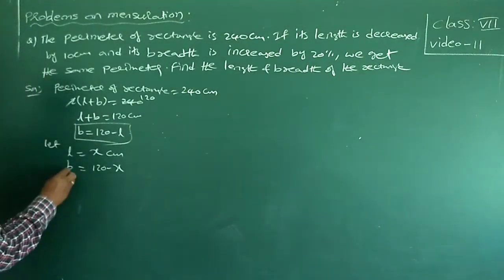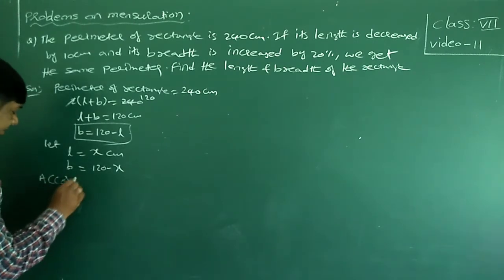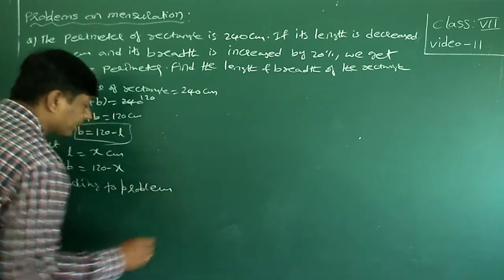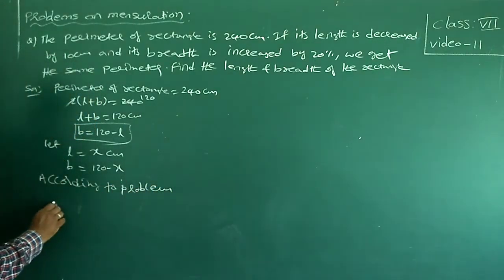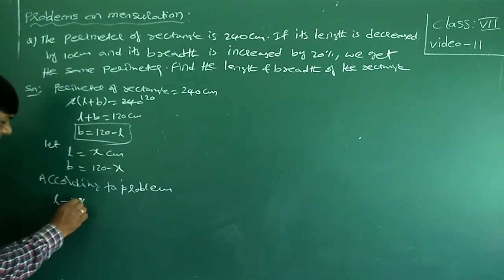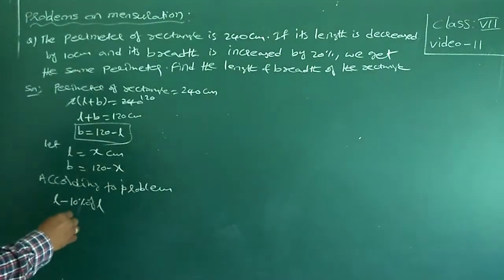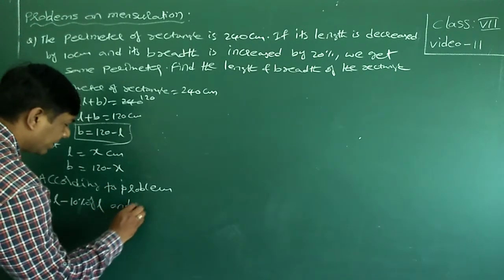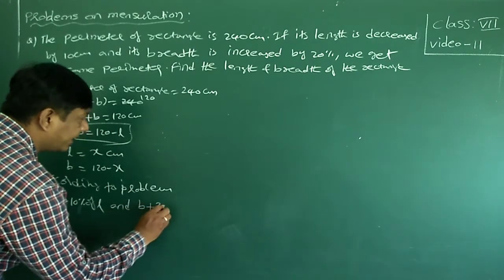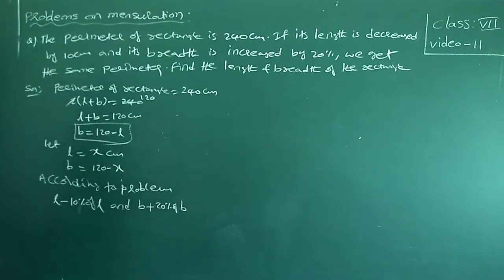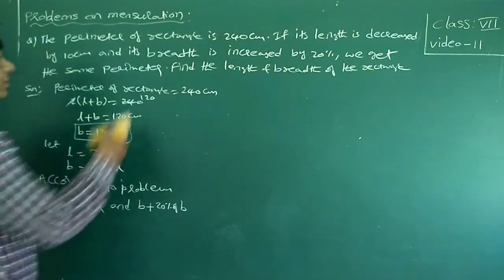According to the problem, the length is decreased by 10% of L, and the breadth is increased by 20% of the breadth itself. Then the perimeter is the same.